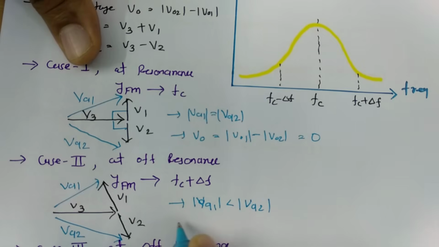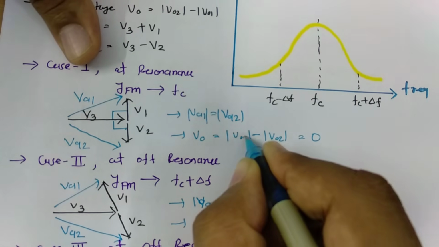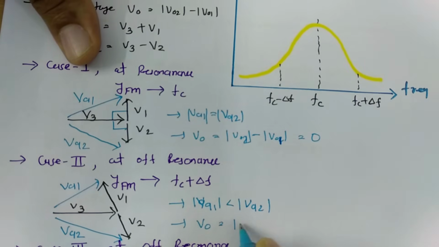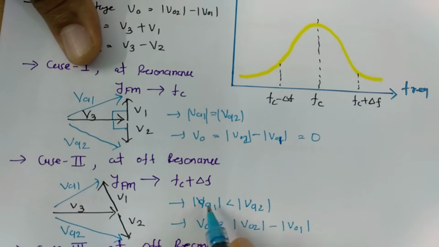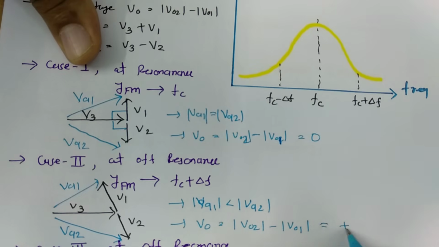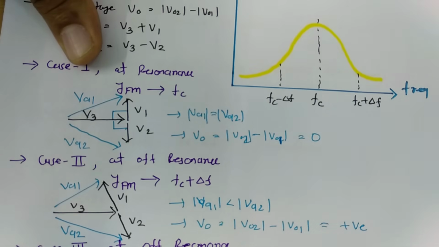And as we know our output V0 is V02 minus V01. As VA2 is greater than VA1, one can see this is greater than this, so our output will be a positive voltage.